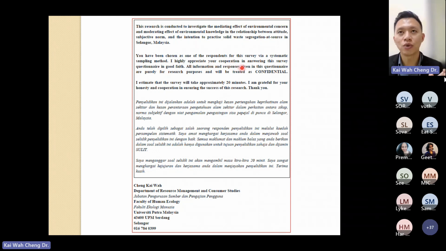them to complete the entire questionnaire for you, and then you appreciate their honesty. You also need to tell the respondent they will take approximately 20 minutes to complete the questionnaire, and that the collected data are purely for research purposes only, and all identities will be kept confidential.